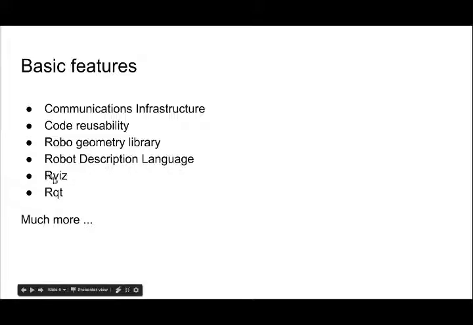RViz is nothing but a C++ tool which is used to visualize your sensor values. If you just want to see your sensor values, you can use RViz. And RQT is a graphical user interface building package. Qt Creator, if you have been around C++ for long years, you would have known Qt Creator. It's a way of building GUI interfaces. So RQT is specifically for ROS and much more. You will learn all those things.